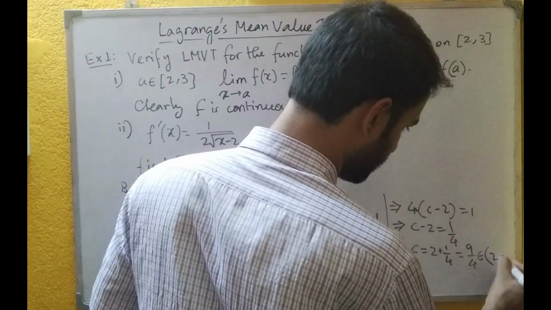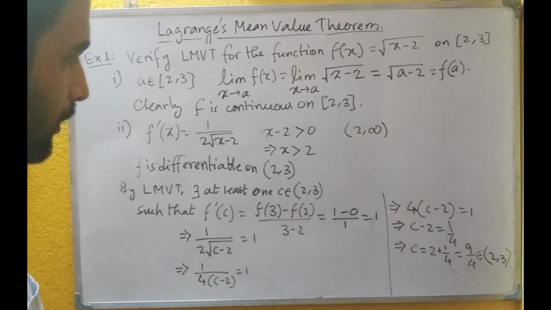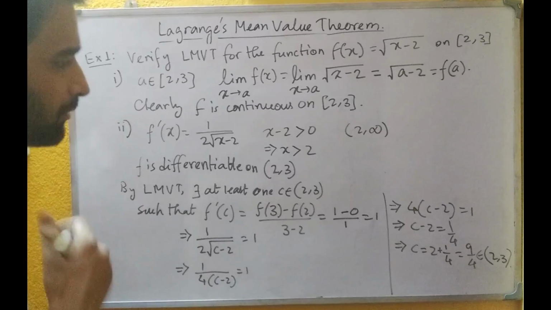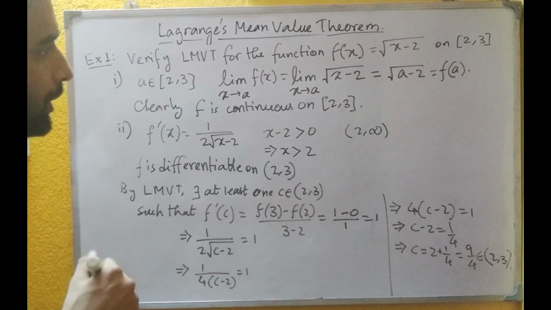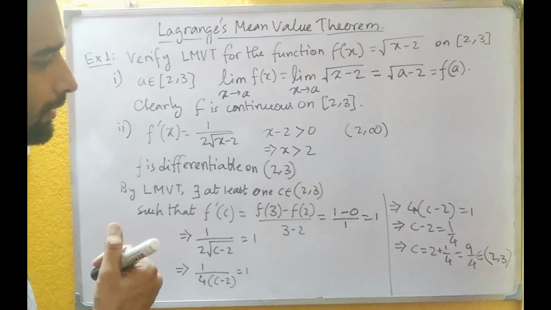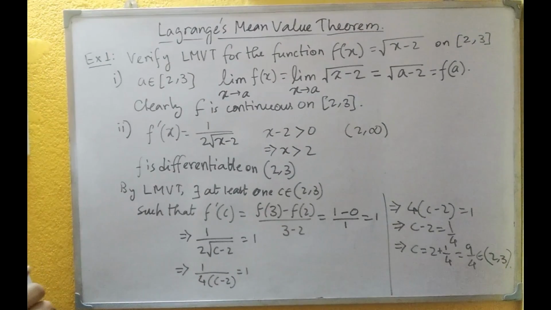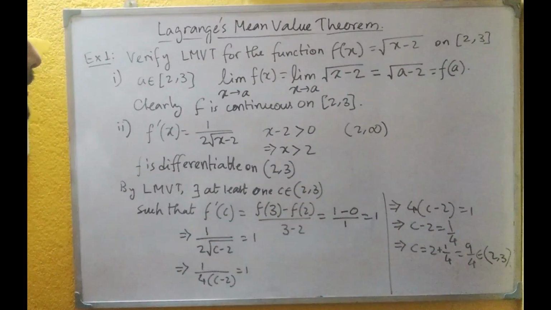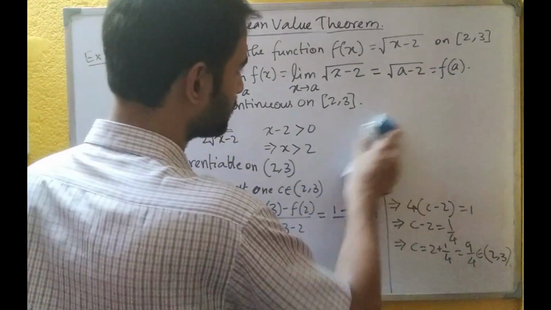So we can easily say this value lies in the interval (2, 3). So the conclusion meets the requirement of Lagrange's mean value theorem that c should lie within the open interval (2, 3). So we can say that the function f satisfies Lagrange's mean value theorem. Okay. So this is the way we solve the problems. Also, if you see the picture of this function, you will see something like this.